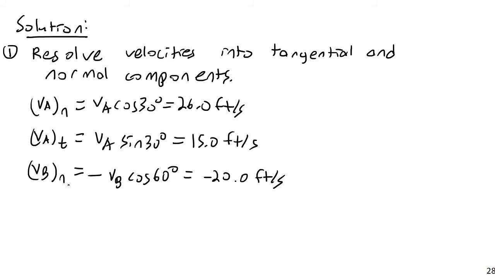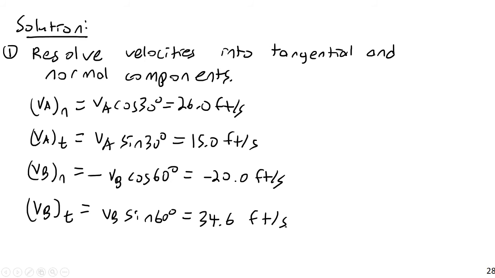And VB tangential is going to be equal to VB times the sine of 60 degrees, which equals 34.6 feet per second. All right, then I can apply a few relationships, and basically I'll go through and gain more and more bits of information. So step 2, the tangential component of each is going to be conserved.